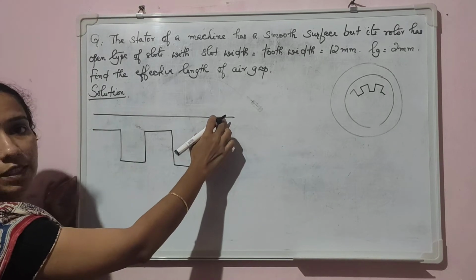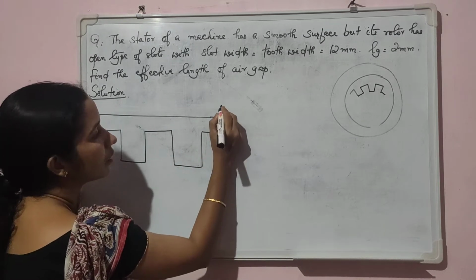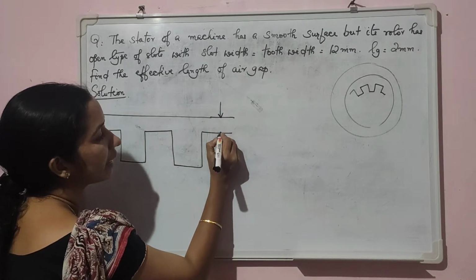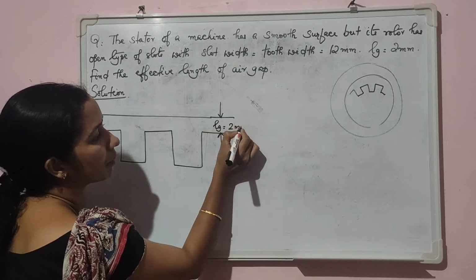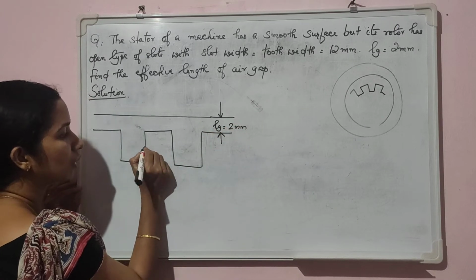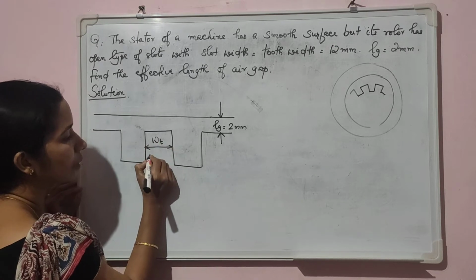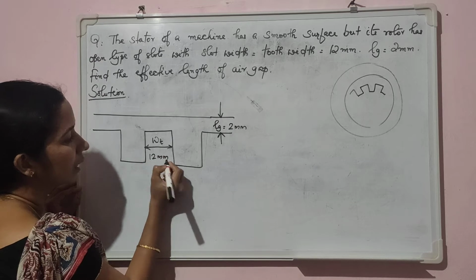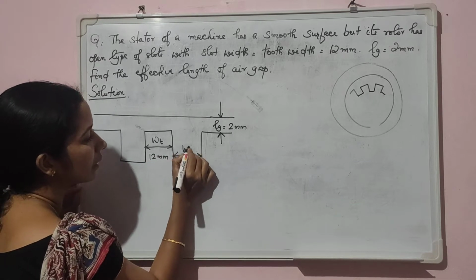The stator surface is smooth and the rotor is slotted. So this will be the length of air gap Lg, which is given as 2 mm. So this is the tooth, and this is width of tooth Wt, which is equal to 12 mm, and this is the slot, and the slot width is also given as 12 mm.